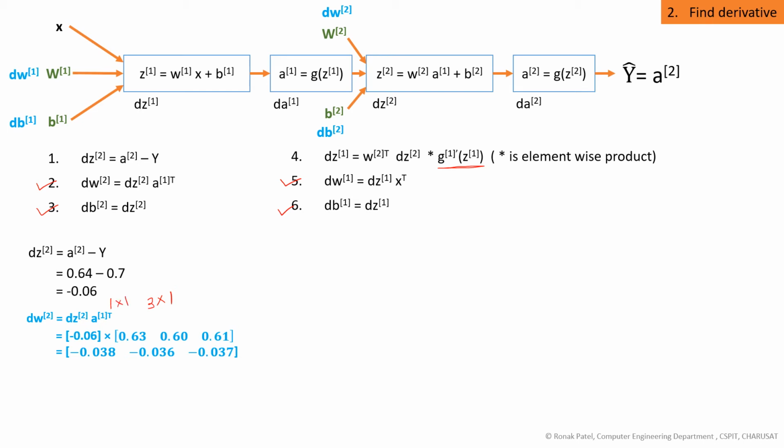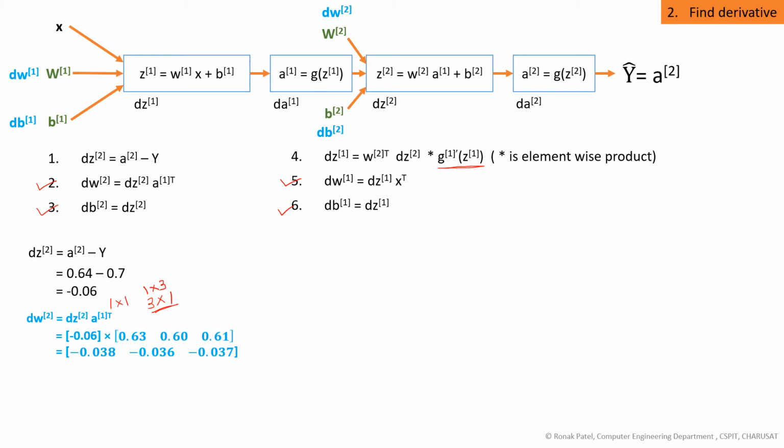So you cannot perform the correct multiplication. That's why you require the transpose of a1, which will be 1 cross 3. Now the multiplication is possible, and the result will be 1 cross 3. So this is your result, dw2.